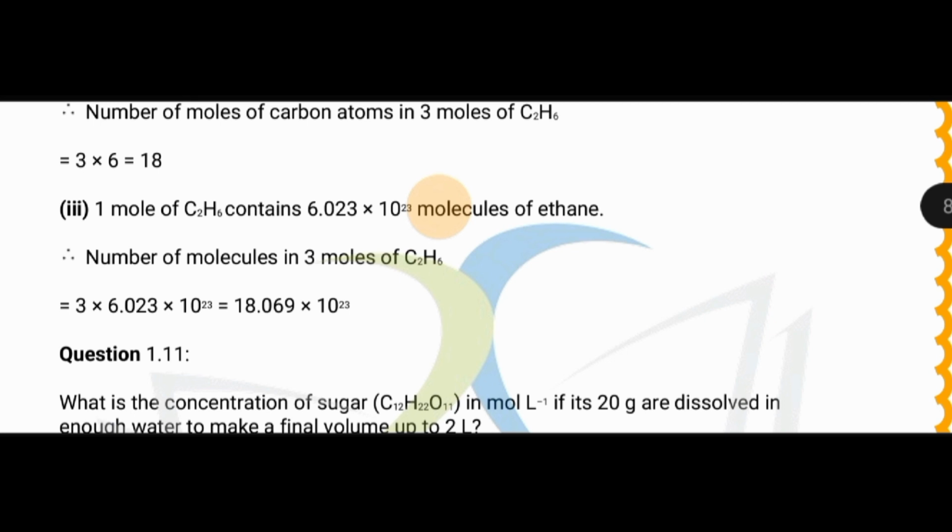This is fixed, that is the Avogadro number. When 1 mole has 6.023 times 10 to the power 23 particles, how many are present in 3 moles? So 3 times 6.023 times 10 to the power 23, and it comes out to be 18.069 times 10 to the power 23. This is the number of particles present in the 3 moles of ethane. Clear?